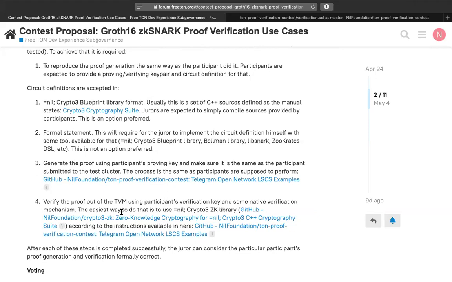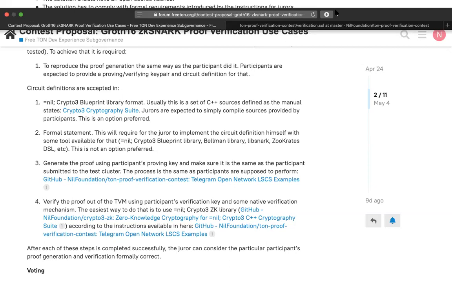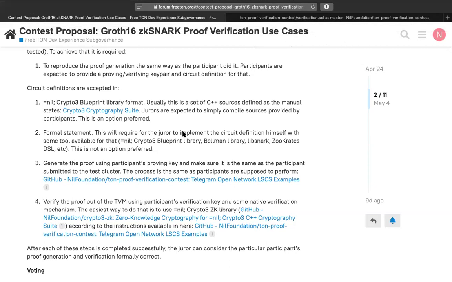You deploy the in-TVM part of the participant's solution to the test cluster yourself, generate the key pair, generate the proof, serialize it, and submit it into the verification instruction.